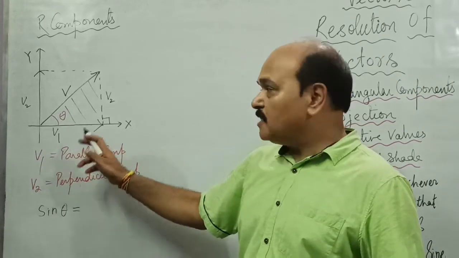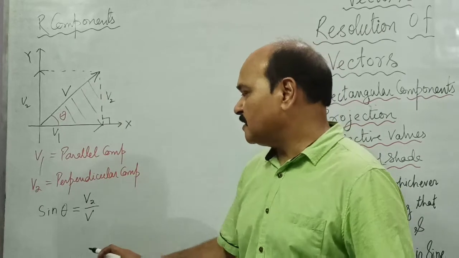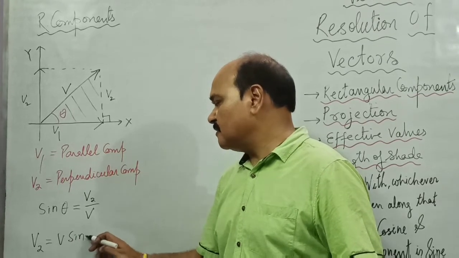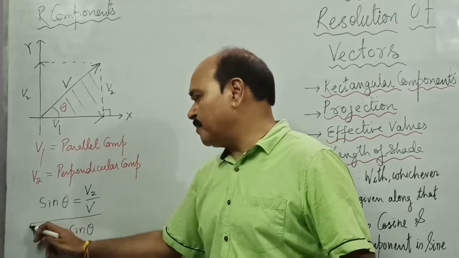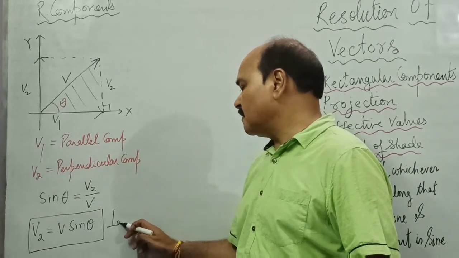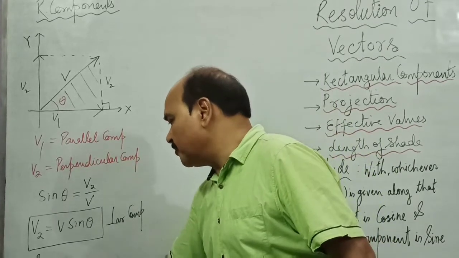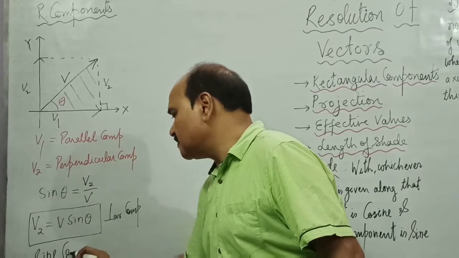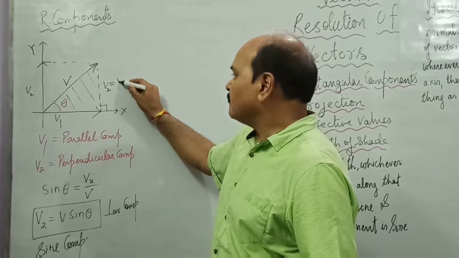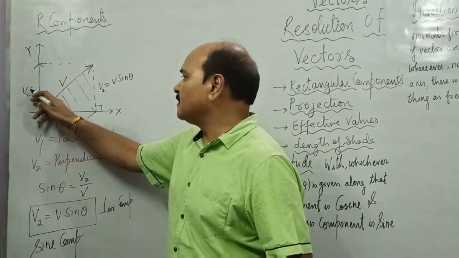Sin theta is going to be perpendicular upon hypotenuse, that is V2 upon V. This simply means V2 is going to be V sin theta. So the perpendicular component is nothing but the sine component, and this sine component is V sin theta.